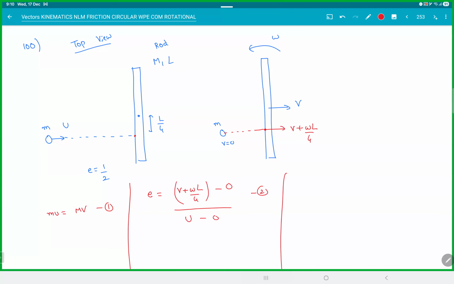Then conservation of angular momentum. You can take any point. I will take the point of collision. So we have L initial and L final, for the ball and the rod.